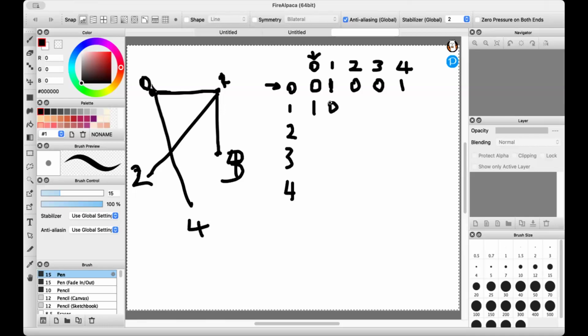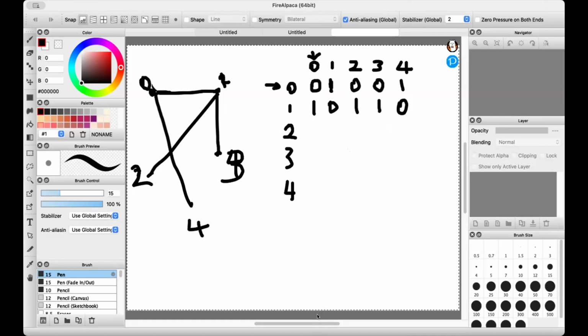So 1 to 1, 0; 1 to 2, yep. 3 to 1, yes. 4 to 1, no. But you basically get the idea of how this works. You just systematically look at your graph, look at the vertices and see, is there an edge connecting them? If yes, then just put it in.